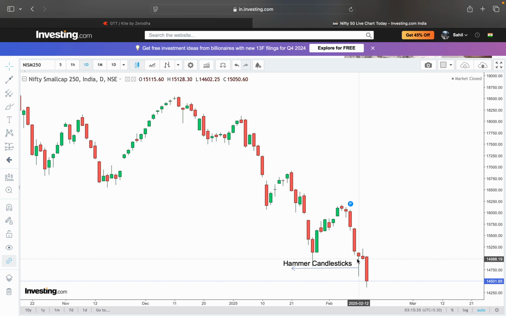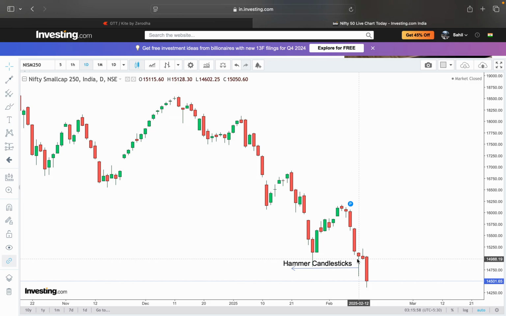There's a distance of just 13 points at a base level of 15,000, which should be a very small number in percentage terms. And we can see that the opening value of 15,115 and the closing value of 15,050 has a distance of just 65 points.